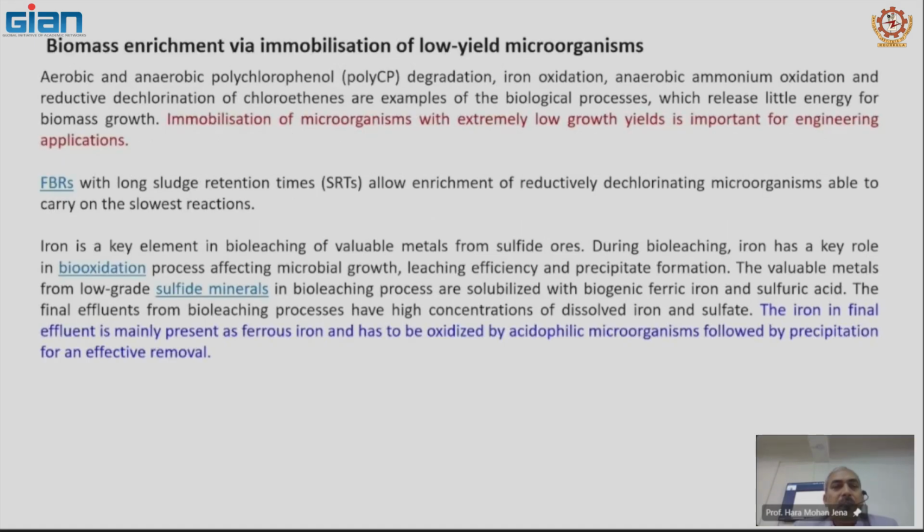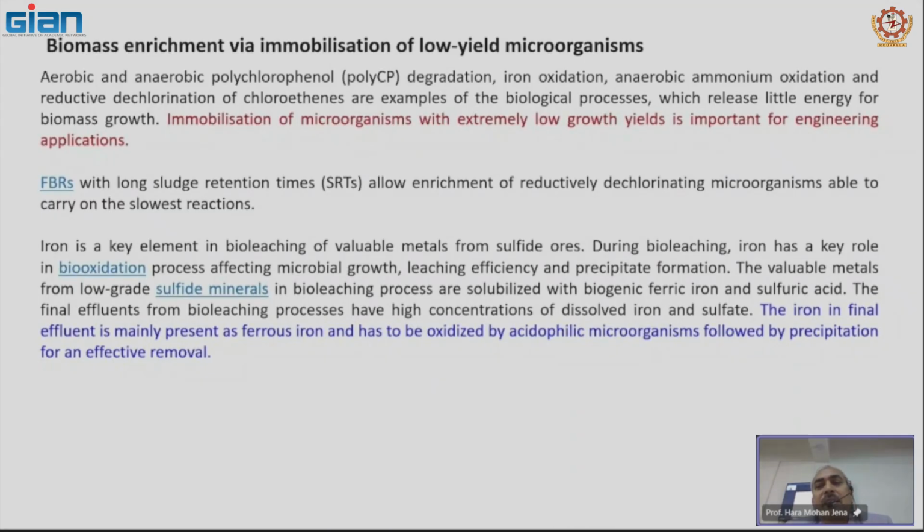The main thing in this fluidized bed bioreactor system is the biomass enrichment via immobilization of low yield microorganisms. Aerobic and anaerobic polychlorophenol degradation, iron oxidation, anaerobic ammonium oxidation, and reductive dechlorination of chloroethanes are examples of biological processes which release little energy for biomass growth.